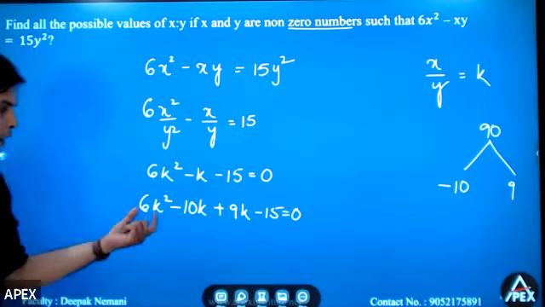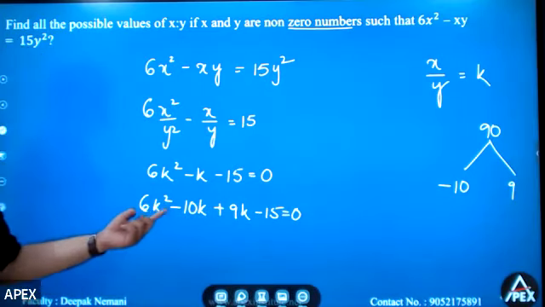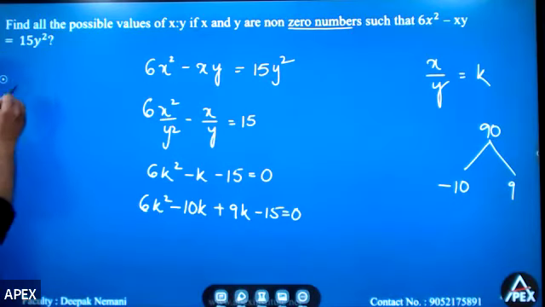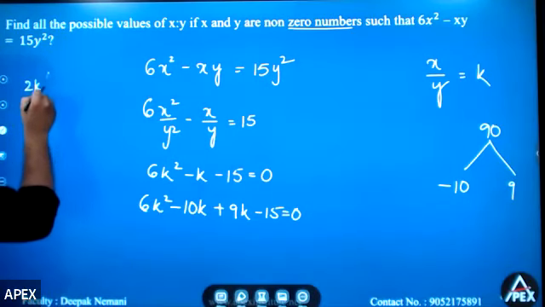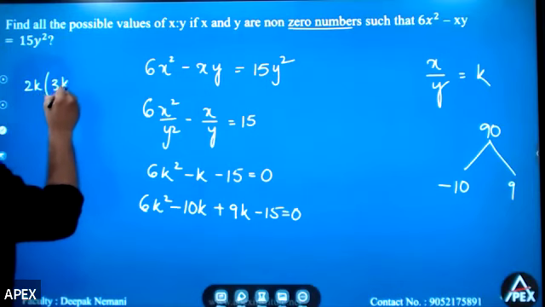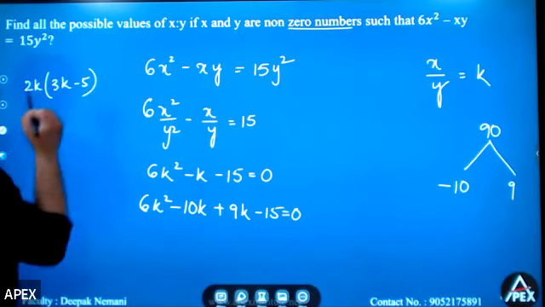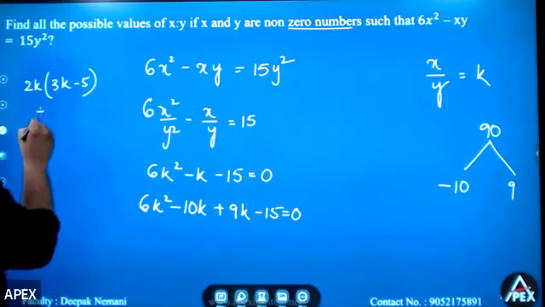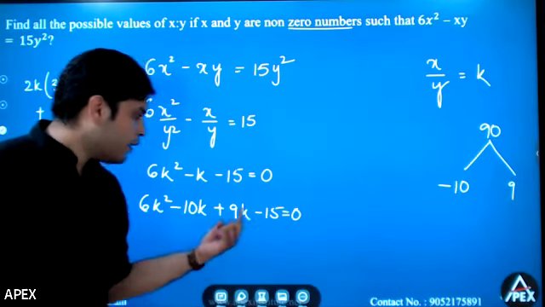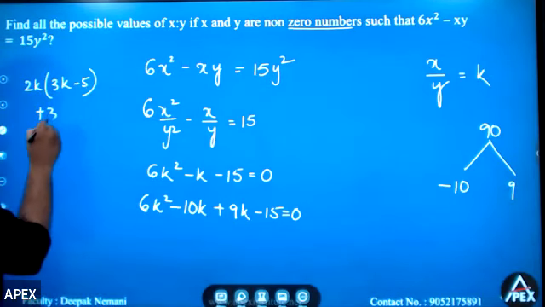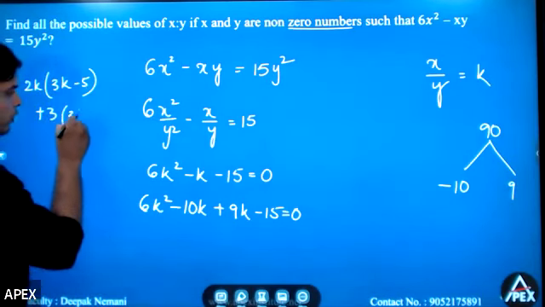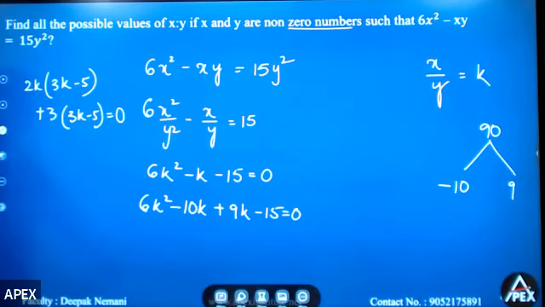Now what can we take common in these two? 2k. So if I take 2k common, 2k into 3k minus 5 plus, in these two I can take 3 common, 3 into 3k minus 5 is equal to 0. Now in these two terms I can take 3k minus 5 common.